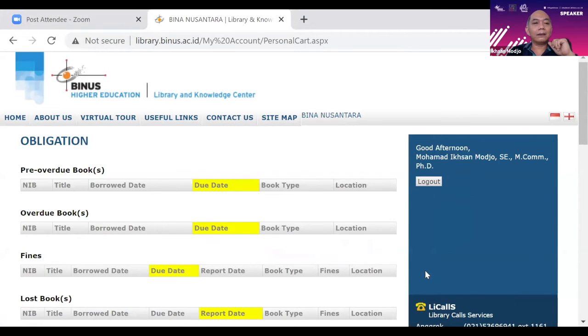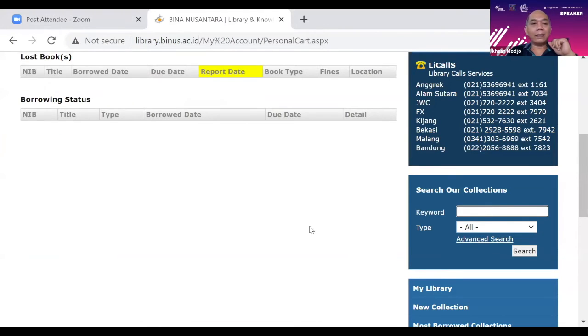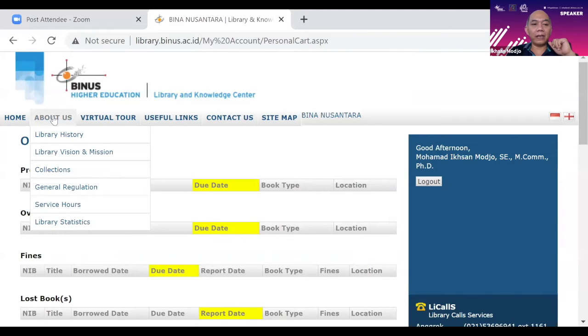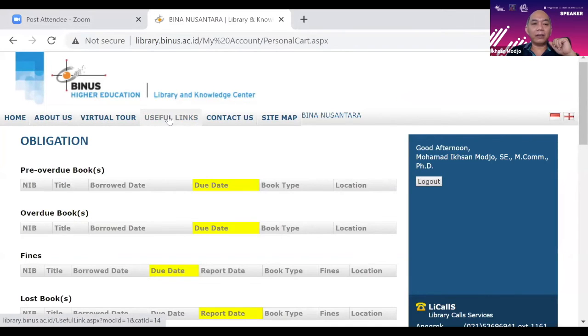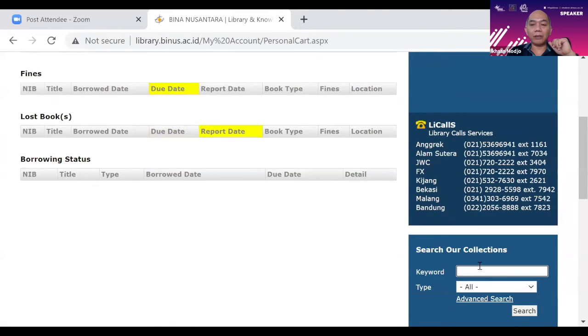So there you go. This is the platform of BINUS, and then you can borrow a book. Search your collections, yeah, and then you reserve. You can do this as well, yeah. You can search it here, and then you do the reserve on this platform. Okay, jadi cari dulu, baru di reserve.